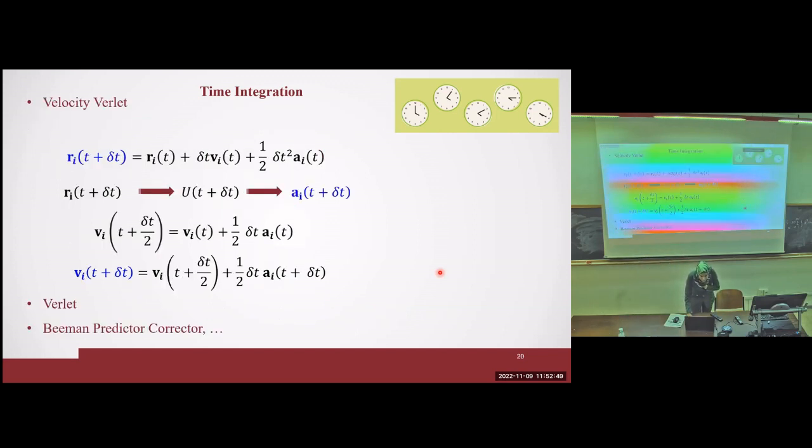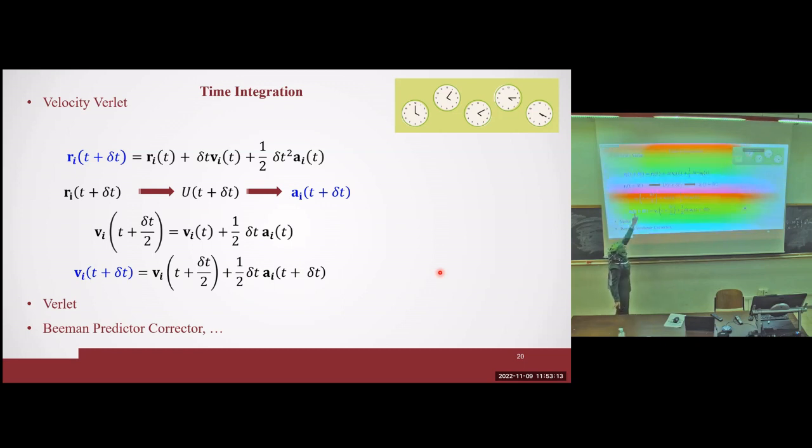We have so many different methods, but the most famous and popular one is velocity Verlet, which decreases the error of the simulation so much. For this, we use all the terms to find the position at time t plus delta t, the future position. Okay. Then with the future position, first we find the acceleration.